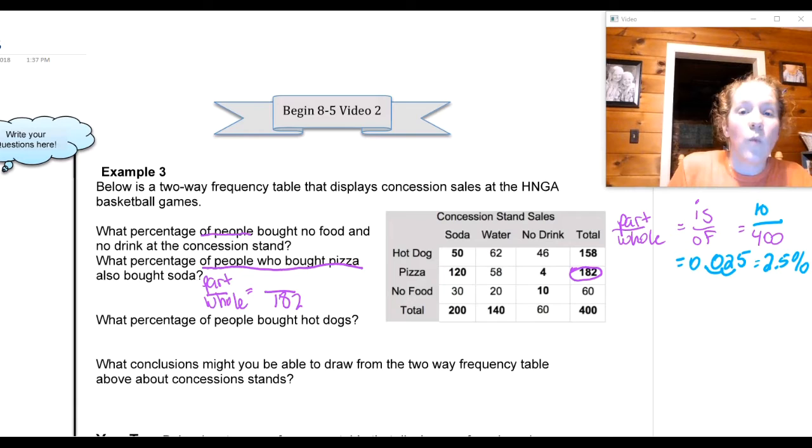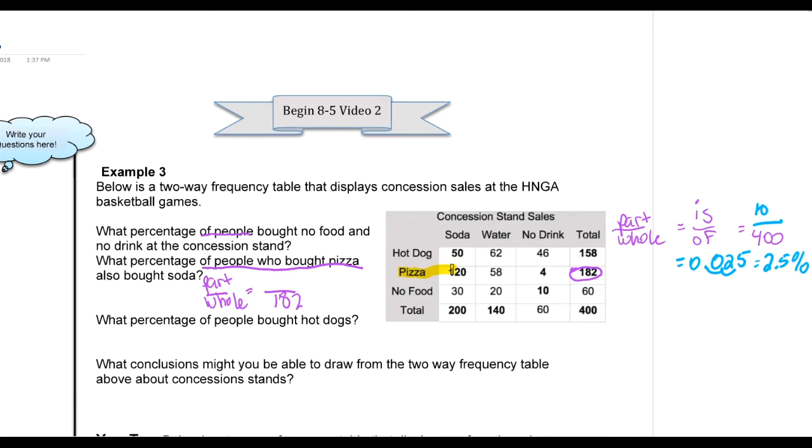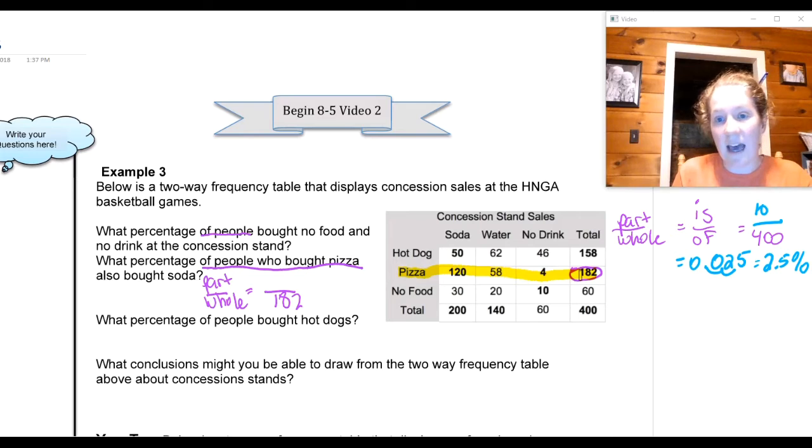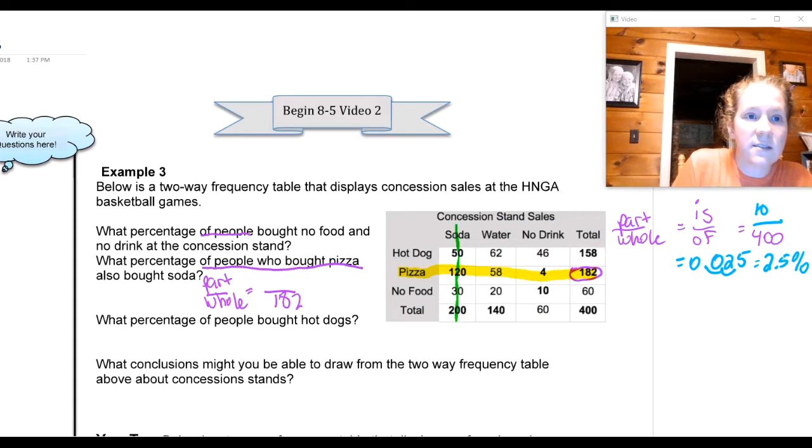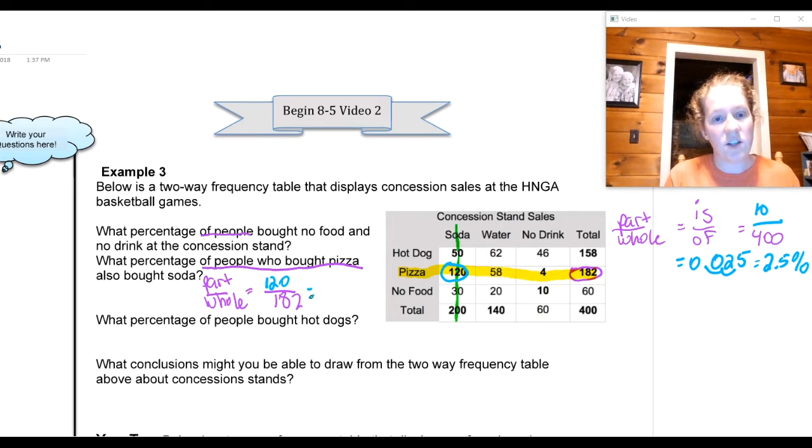The whole are all the people who bought pizza, and I want to know what percentage of those people also bought soda. I'm already zeroed in on the pizza row, so I've already got that total. Now I want to know what percentage of those people also bought soda. So I'm going right here, and the place where it crosses is that 120. So that's my part. I'm going to put part over whole, and do my division. 120 divided by 182.